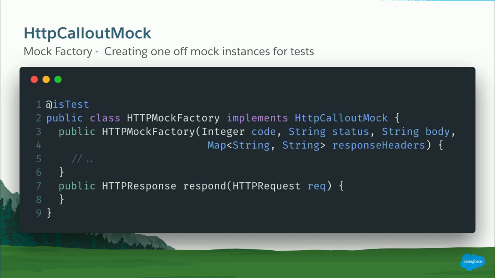So what I like to do is provide a mock factory that has the respond method here, but it also has a constructor. And now I can construct a mock that matches my test's needs on the fly. So here's give me a mock factory, and I'm going to insert the code, the status, the response body I'm expecting back, and any sort of headers that I'm expecting back as well. Okay?